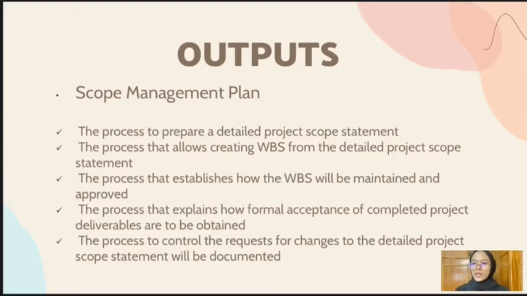We can get the process to prepare a detailed project scope statement, and the second one is the process that allows creating the WBS from the detailed project scope statement. The WBS will be explained by my friend later. The third one is the process that establishes how the WBS will be maintained and approved, the fourth one is the process that explains how formal acceptance of completed project deliverables is to be obtained, and the last one is the process to control how requests for change to the detailed project scope statement will be documented.